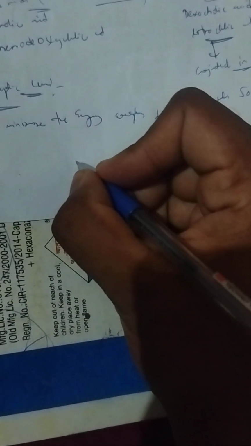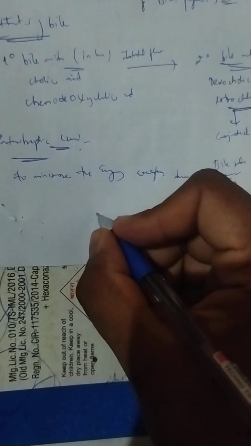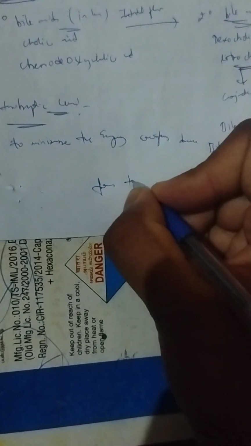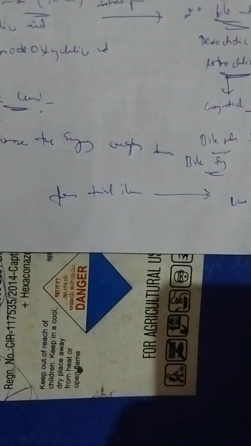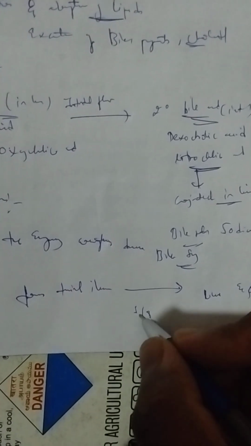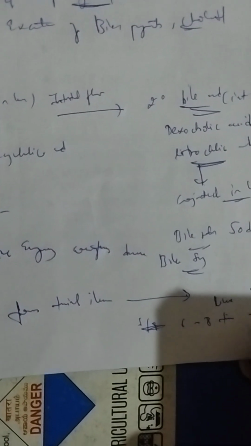From the terminal ileum, via enterohepatic circulation, it reaches the liver and gallbladder. It takes place 6 to 8 times a day.